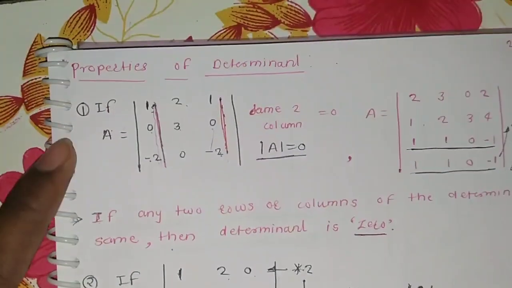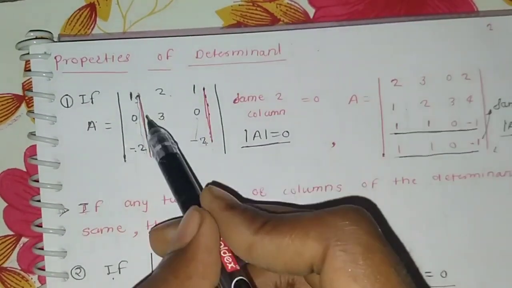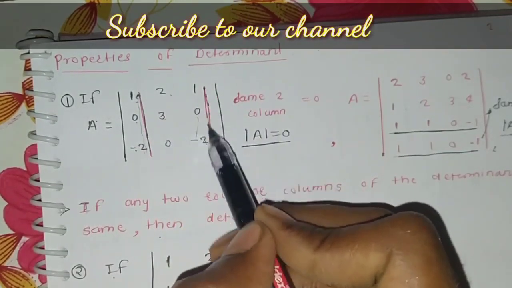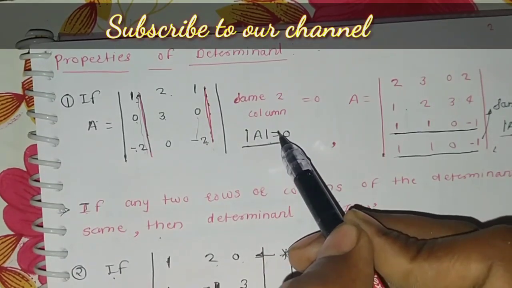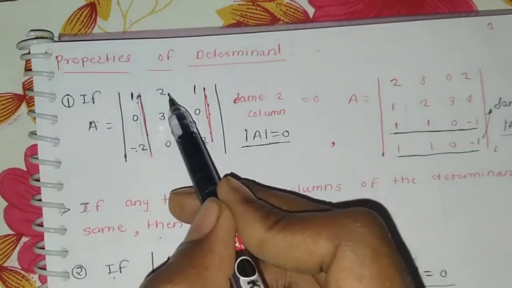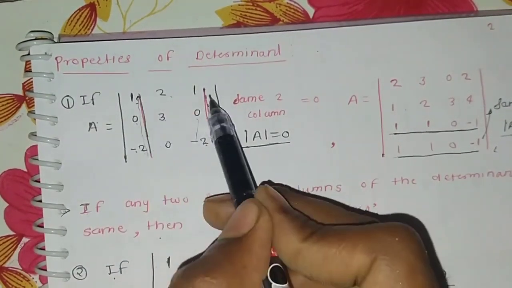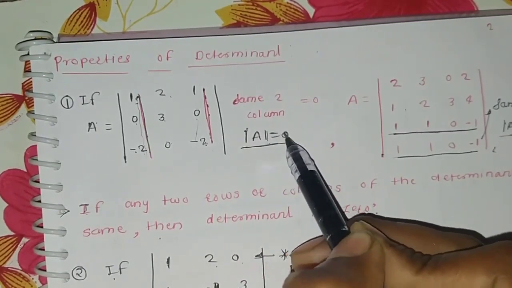Okay guys, so next one. So properties of determinant. Here simple. If any 2 rows or any 2 columns are same, then determinant is 0. Simple. So here let us see, 1 0 minus 2, 2 3 0, 1 0 minus 2. So these elements, first column and second column are same, so therefore determinant directly you can say 0.